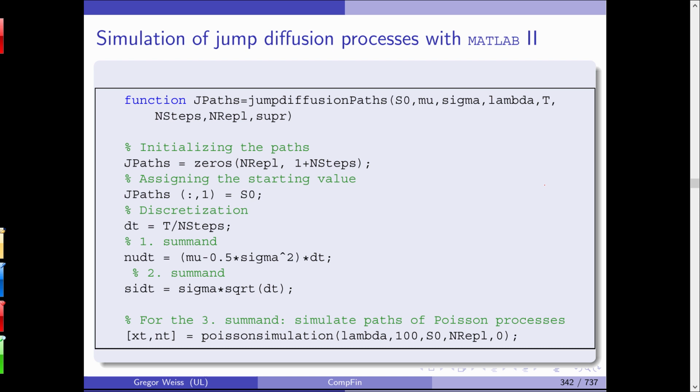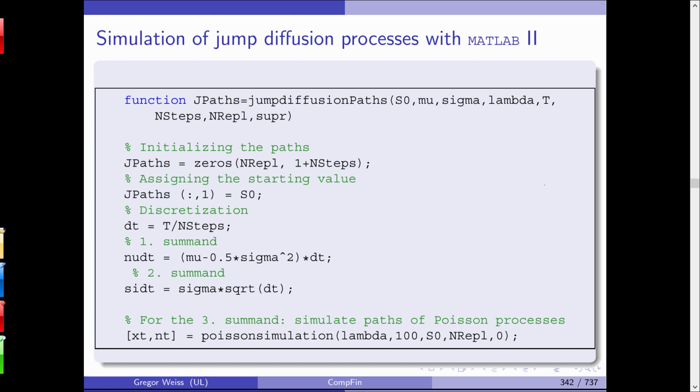You simply take the formula for the discrete path of the jump diffusion process, but you need to code all this in MATLAB. You first have to initialize the J path with a zero matrix, then assign the start values, discretize the steps, then you need mu dt, you need sigma dt, and then you simulate from the Poisson process.